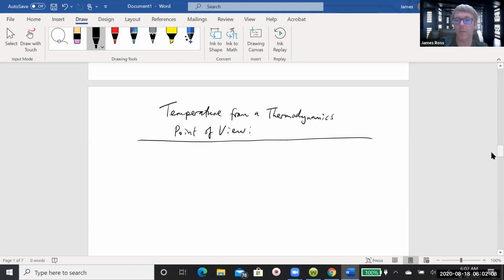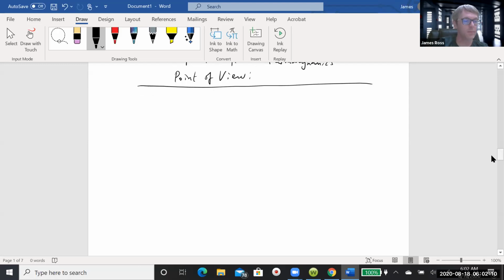Temperature from a thermodynamics point of view. We look at thermodynamics a bit later in our course. For now, thermodynamics, dynamics just means change. Thermo means heat, which manifests in a temperature change. So we're looking at temperature from the viewpoint of heat and temperature changing. So it's kind of a definition already built in. Thermodynamics considers temperature.